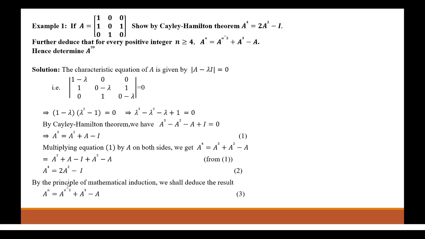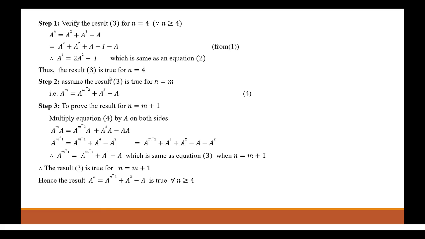By the principle of mathematical induction, we shall deduce the result A power of n is equal to A power of n minus 2 plus A cube minus A. So verify the result for n is equal to 4. Here n is greater or equal to 4.